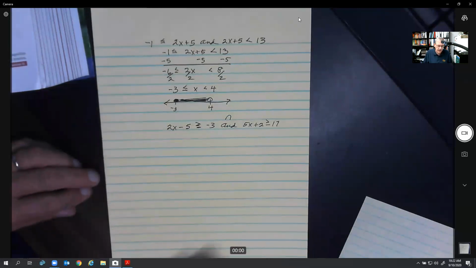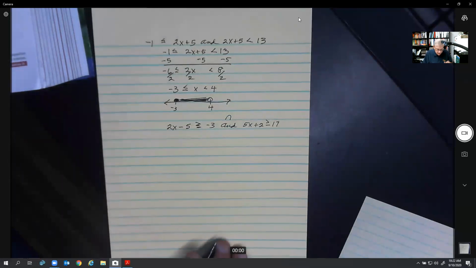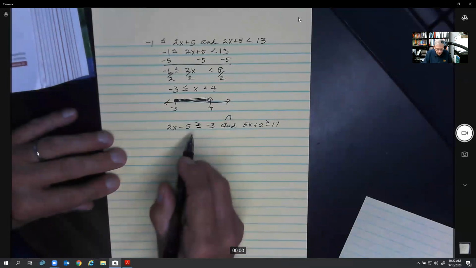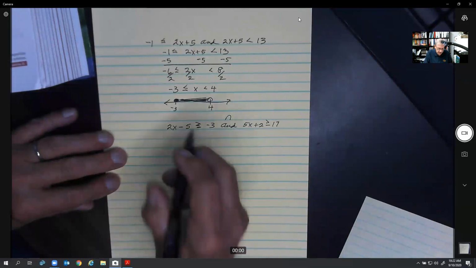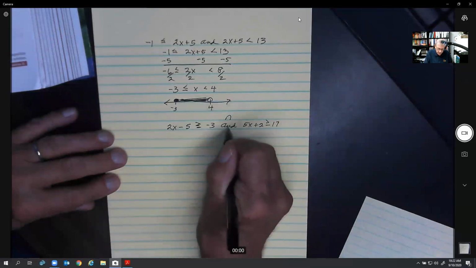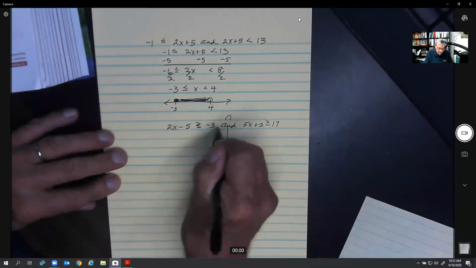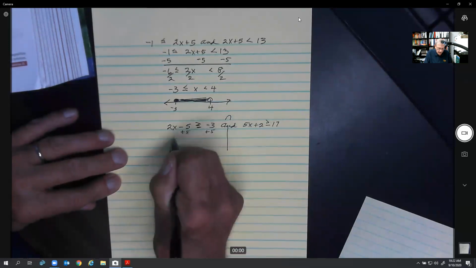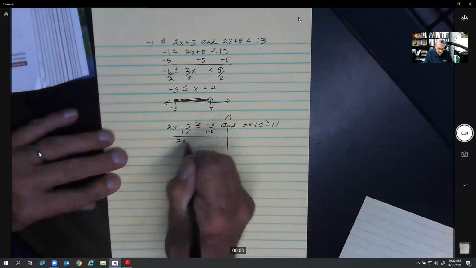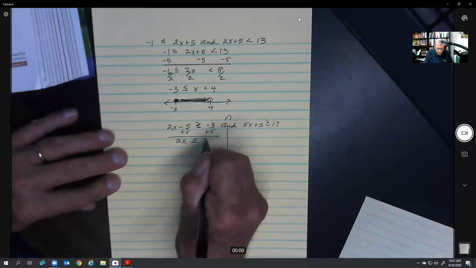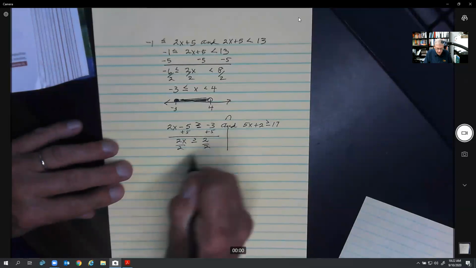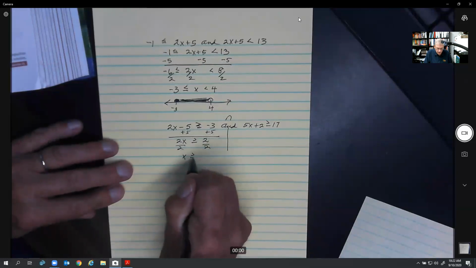So if we want to do this one, it's a little bit different because we have to do each problem separately. So we're going to bring this 5 over to the other side, working with separate problems. Add 5 to it. I could also use my shortcut, no problem, and divide both sides by 2. x is now greater than or equal to 1.